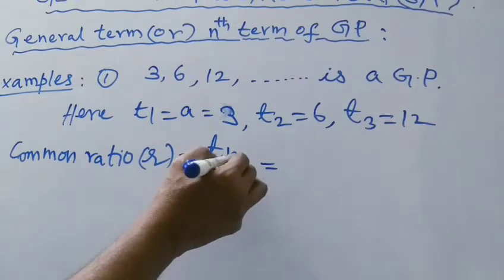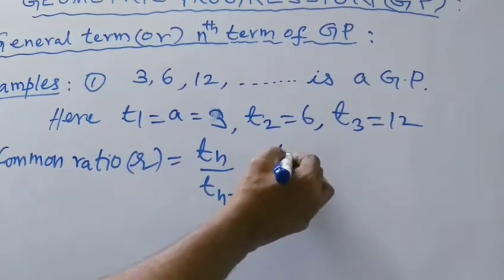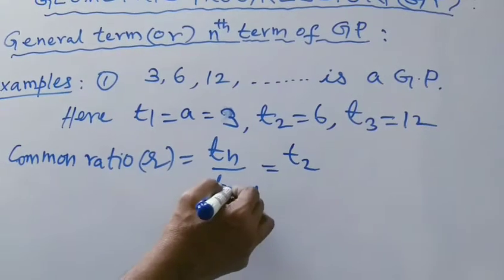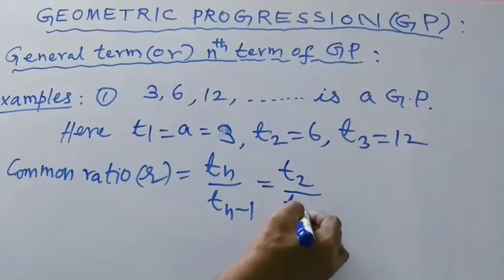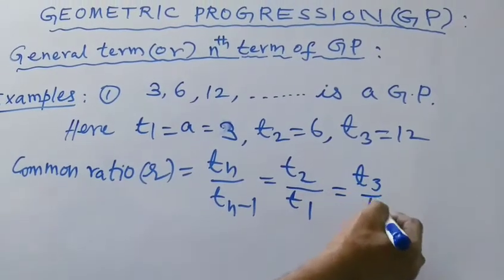In place of n, I am taking the second term, so it becomes T2, and in the denominator n minus 1 becomes 2 minus 1, T1. So T2 by T1. Similarly, T3 by T2.